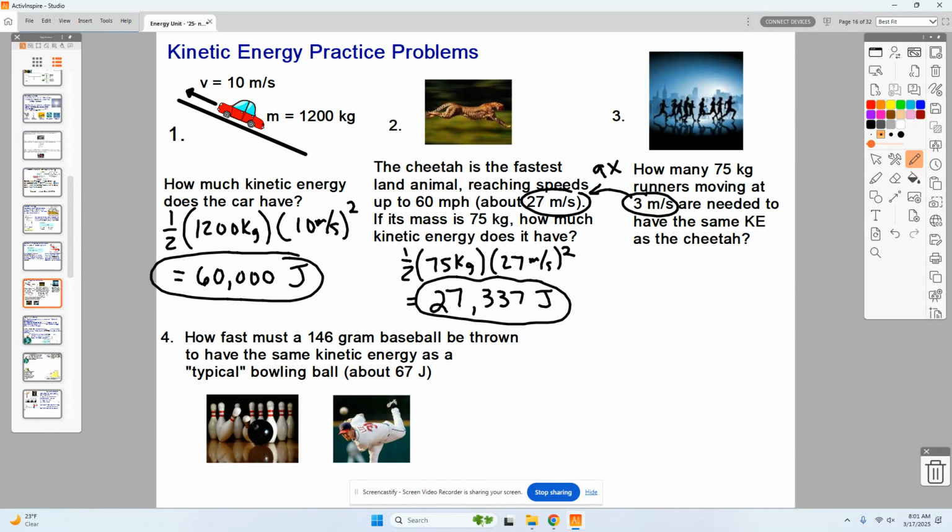Because speed is squared, that cheetah has 81 times the kinetic energy of a single runner, so I need 81 of those. Now, if you want to do it this way, you can. You can say 1/2 times 75 times 3 squared.